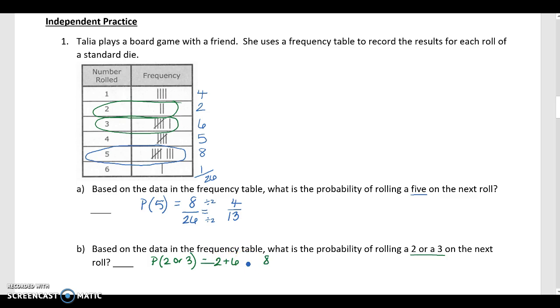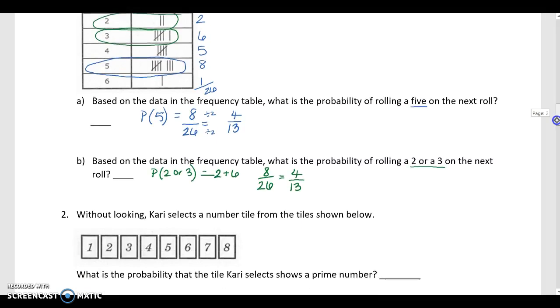So that's 8 over 26, which is equal to 4 over 13. We already figured it out. So in this situation, based on the experimental probability, the probability of rolling a 2 or a 3 is equal to the probability of rolling a 5, even though we know that theoretically we should get the same of each number. It's showing that in this experiment, that's not the case.